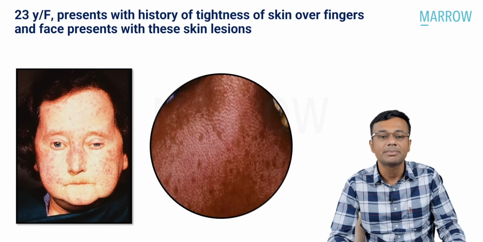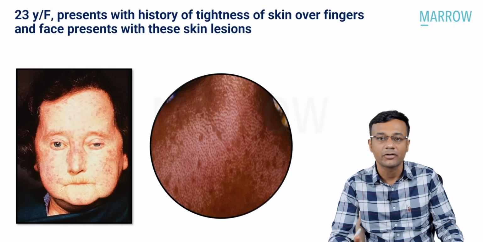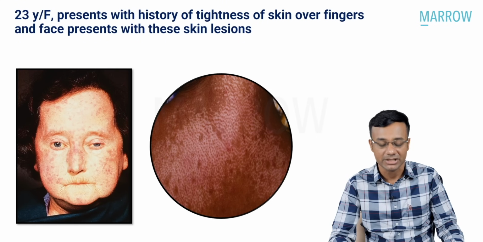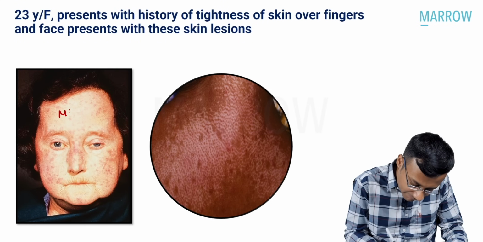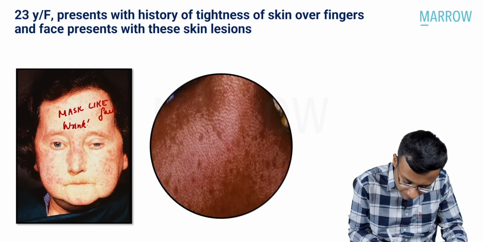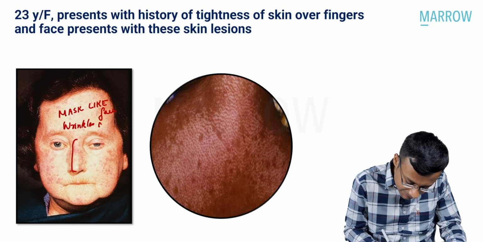A 23-year-old female presents with history of tightness of skin over the fingers and the face. So they're talking again about a scleroderma kind of presentation and presents with these skin lesions. If you look at the face of the patient, this is called as mask-like facies, because you can see that wrinkles are absent here. There are absolutely no wrinkles because there's thickening of the skin over the forehead. You can see a pinched nose.